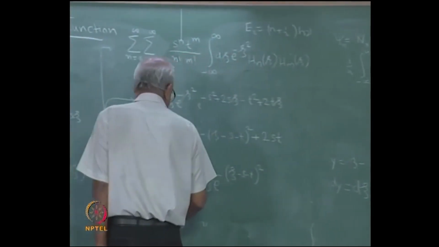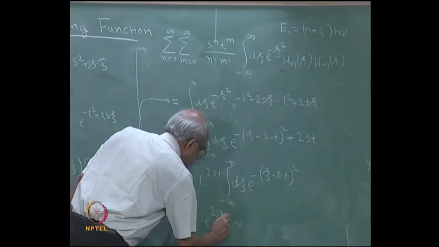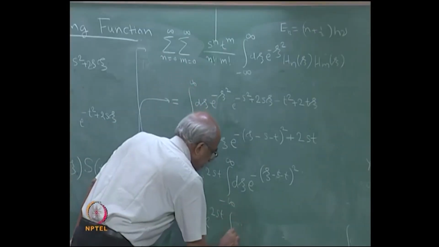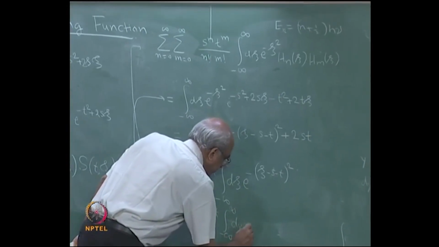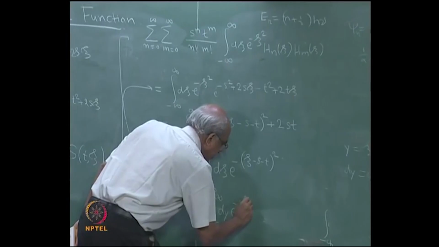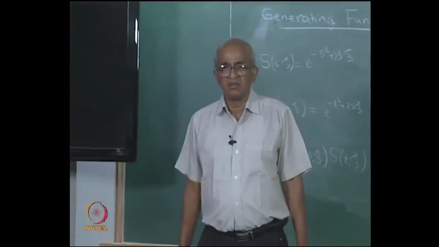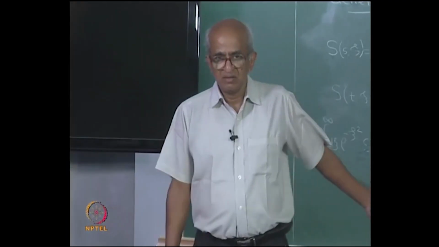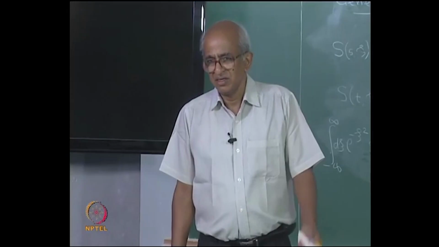So, what will happen to this integral? It is going to be equal to e to the power of 2st times the integral from minus infinity to plus infinity dy e to the power of minus y square. That is all, right. And this is a very easy integral in a sense.